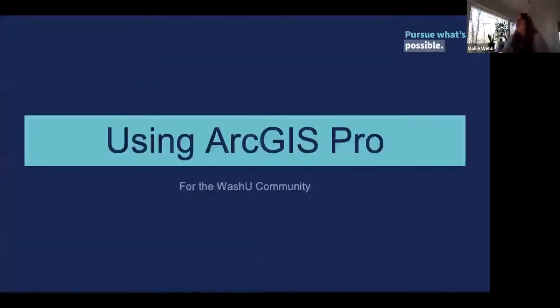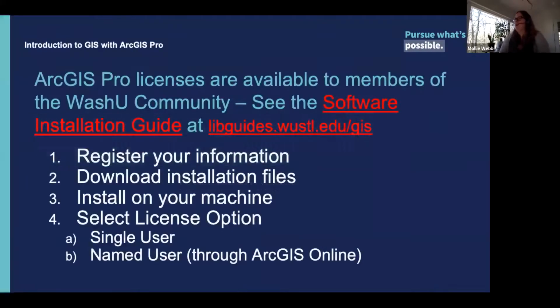Okay, so in terms of actually using ArcGIS Pro, members of the WashU community can receive ArcGIS Pro licenses. And if you haven't already installed the software, you can go to our LibGuide and click on the software installation guide, which will walk you through the steps. Basically, you're going to register your information.